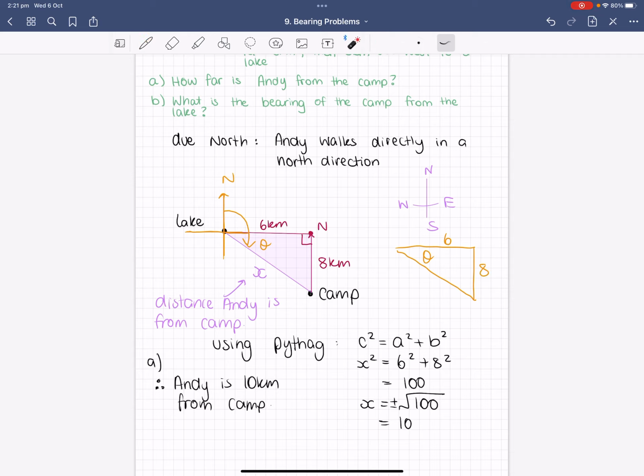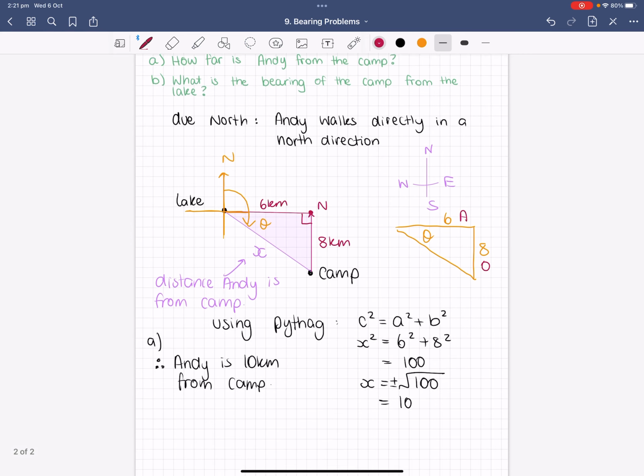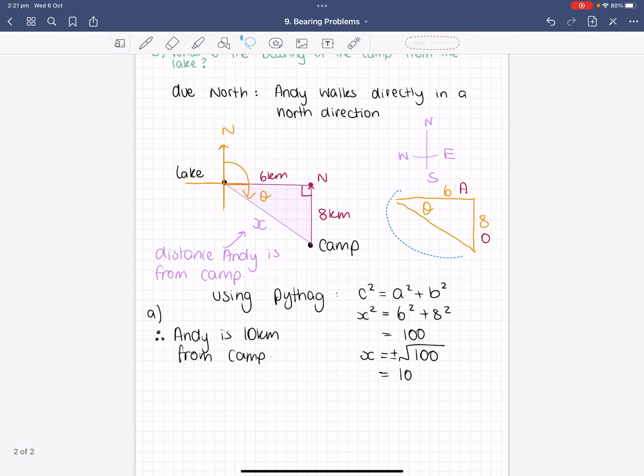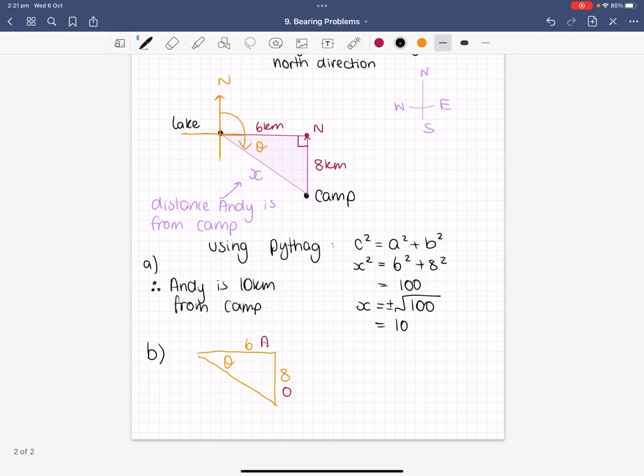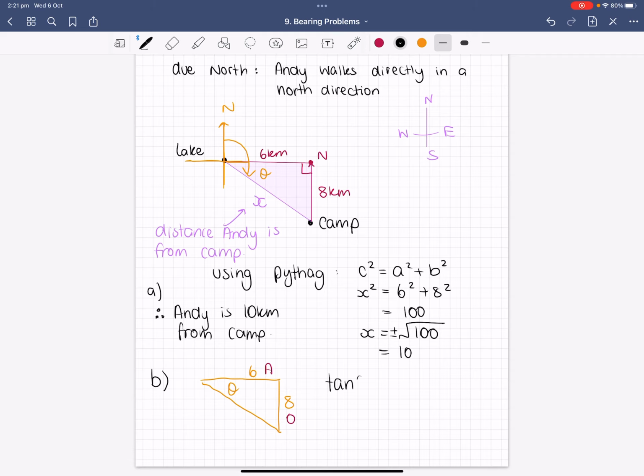So if this is our angle, we've got our adjacent and our opposite. So we're going to use tan. This is for part B. If we set it up, tan theta is equal to, remember it's opposite over adjacent, 8 over 6.